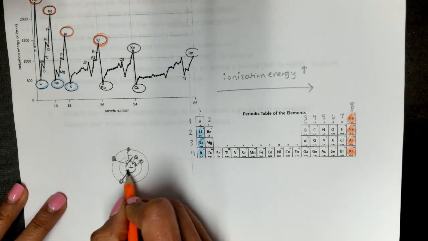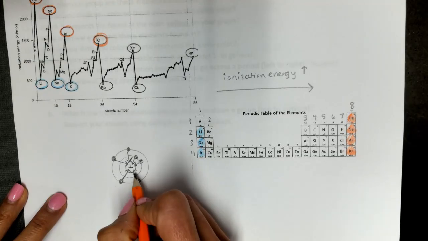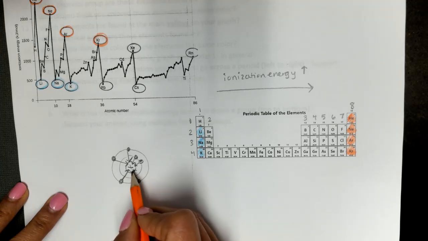So the more electrons we have in our outer shell, the tighter they're held to the nucleus because of the opposite charges. So it's going to be harder to lose them.